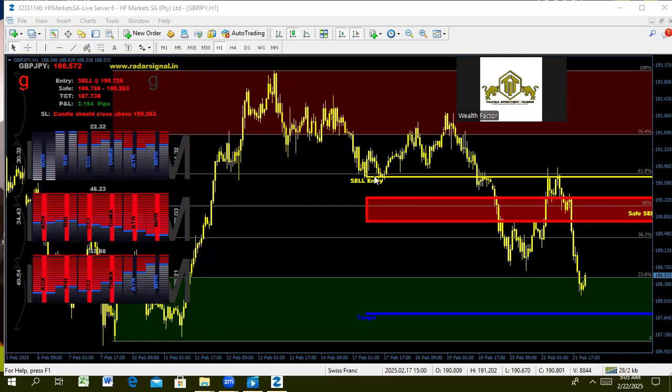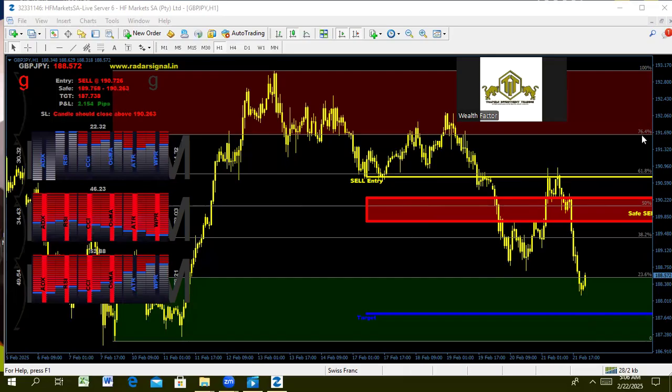Remember, when you are using the system, you are going to hold. The system is used for long-term traders. We hold for days, initially 2 or 3 days, until we reach our target. So make sure that your sell entry is around 61.8% for you to have a good sell entry. If it's not at 61.8%, it's not a valid good trade.